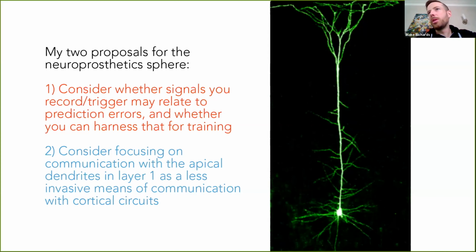My understanding, but I'm not a neuroprosthetics expert, so if what I'm saying is wrong, anyone who's an expert, please ignore, is that you could have a non-invasive device laid on top of the pial surface and detect these signatures of apical dendrite activation.